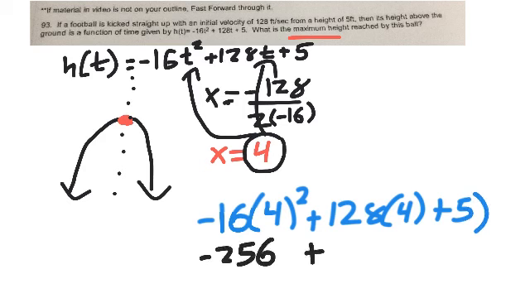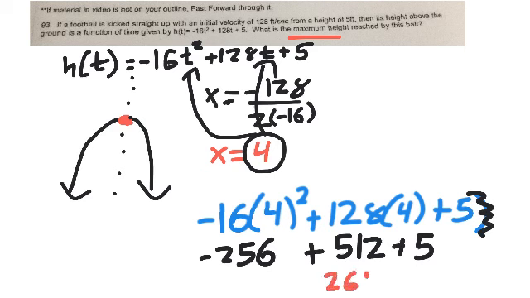This would be 256 times 2, that would be 512, plus 5. So this would be 256 plus 5, which is 261. So the football's maximum height was 261 feet. Are we in feet? Yes. 261 feet above the ground.